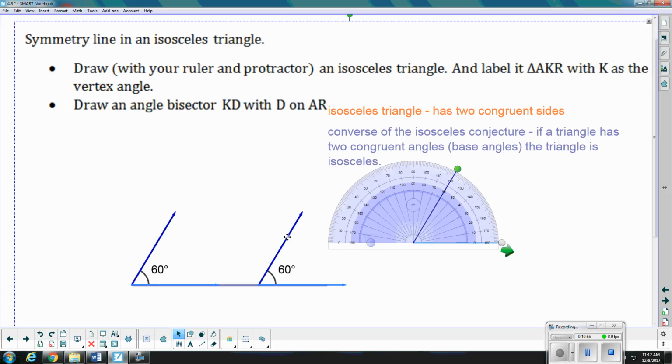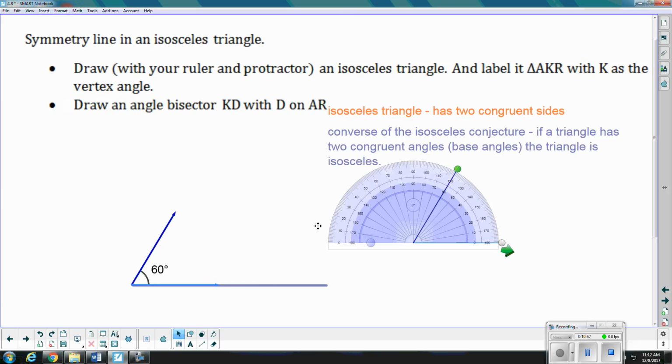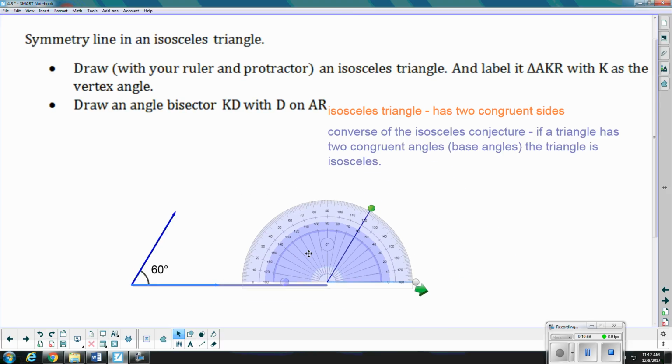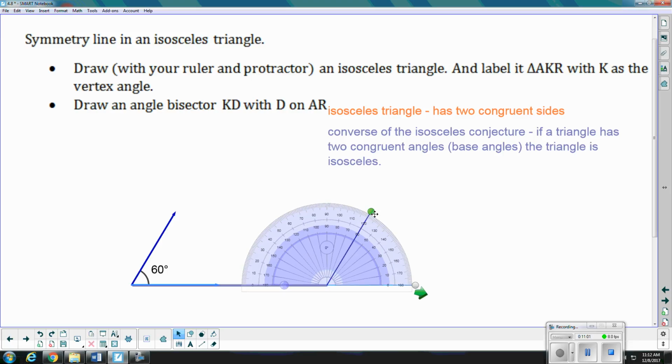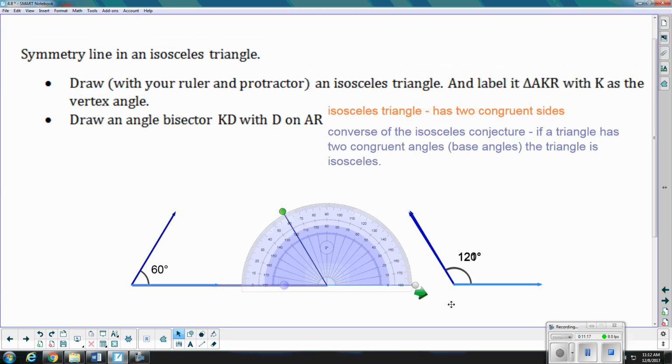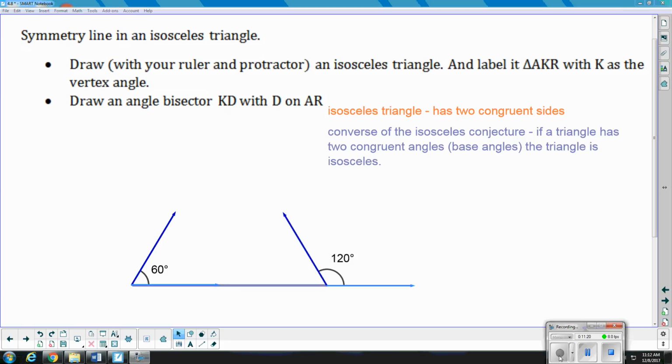Oops. And then here is my other 60-degree angle. Oops, actually that says 120. Let's try it again. There we go. Alright, so I've got my two base angles. Now I just have to make this into a triangle.